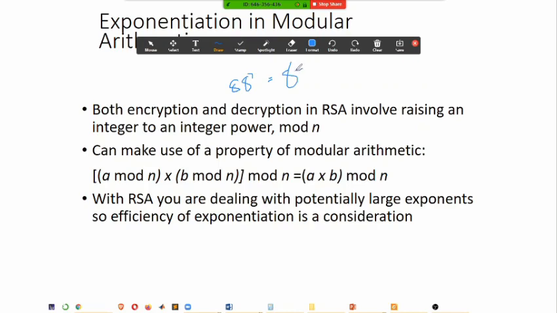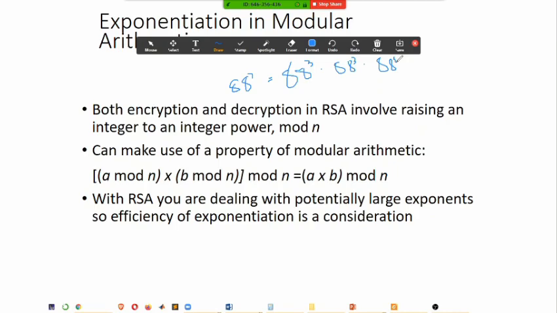This can be 88 to the power 3 times 88 to the power 3 times 88 to the power 1. So 88 to the power 7 can be broken down to 88 to the power 3 times 88 to the power 3 times 88 to the power 1.